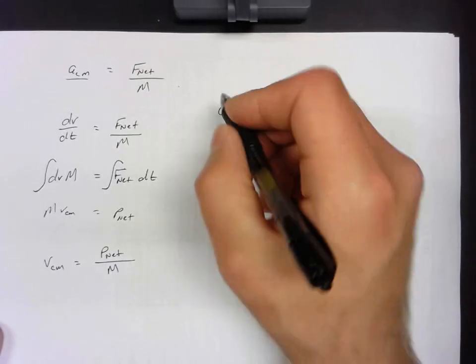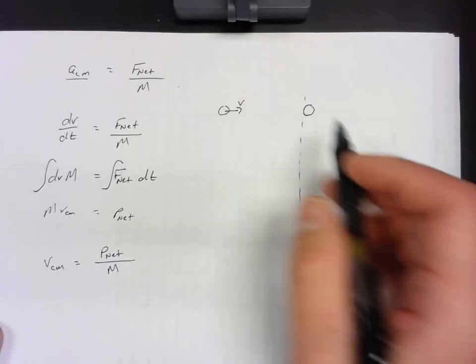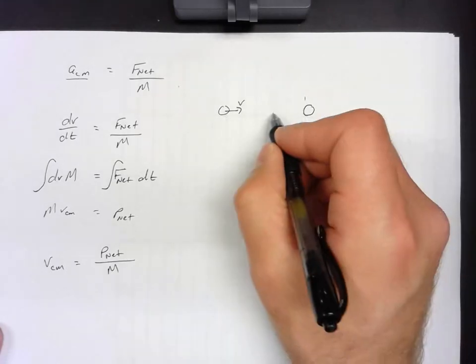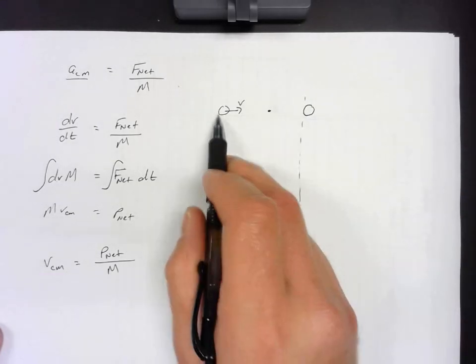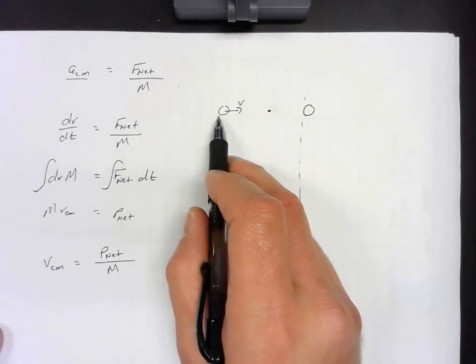All right, so two masses, they're the same mass. At this point in time, this center of mass is in between them if they're equal. This ball is stationary, this ball is moving.